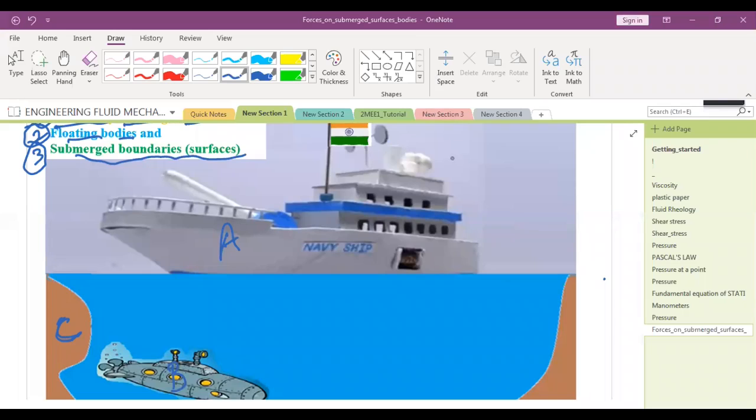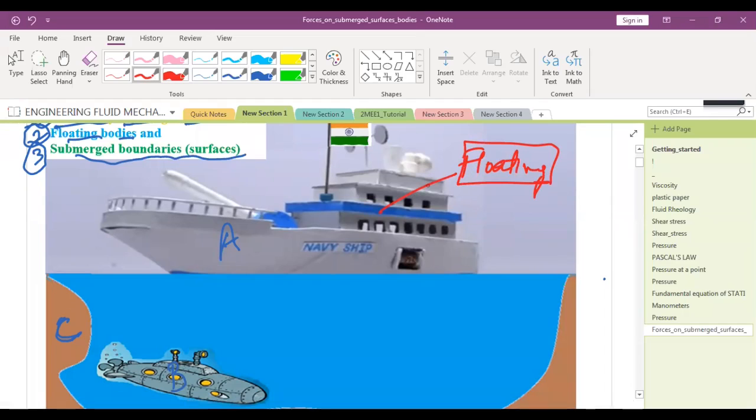Floating body. What are the characteristics of a floating body? Some part is submerged within the fluid and the rest is in some other fluid. So this is partially submerged. That is called your floating body.